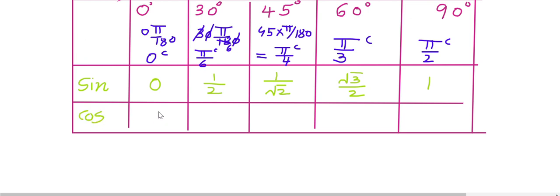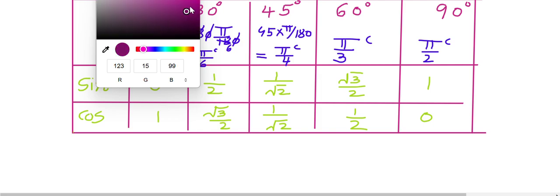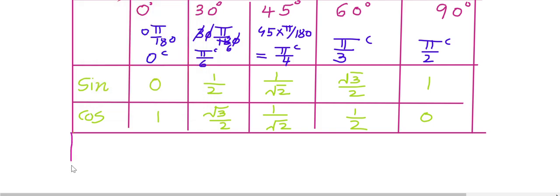So for cos it's going to be 1, then root 3 by 2, 1 upon root 2, half and 0. Clear? Now once you know the sine and the cos, all other ratios are nothing but the continuation of this. So can you complete the table now?